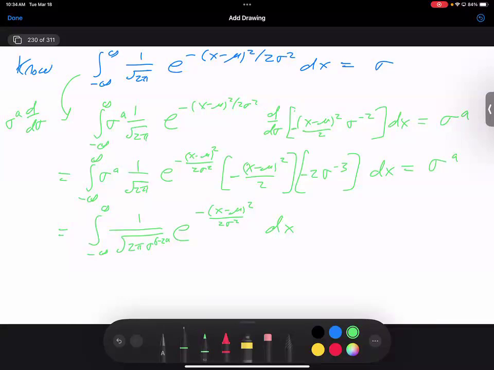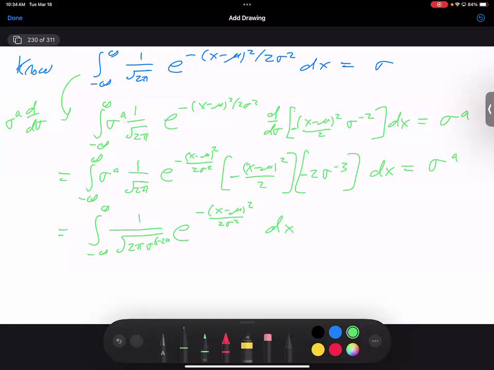Sigma to the minus 3, that's 1 over sigma cubed. If I bring it inside the square root, that's going to become a sigma to the 6th. Sigma to the a, that becomes, if I put it in the denominator, it's 1 over sigma to the minus a, but I have to bring inside the square root. What would you like sigma minus 2a to be? Nope.